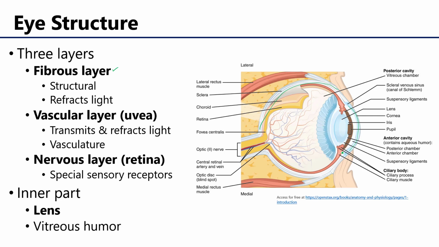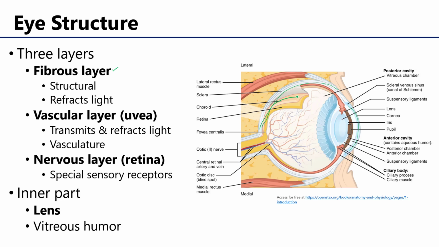The fibrous layer is largely structural, but it does have a refractory component to it of the cornea, which we'll see. The next layer is the vascular layer, also known as the uvea. This is an important layer for how light is transmitted and refracted through the eyeball, and also is where the vasculature of the eye is located.